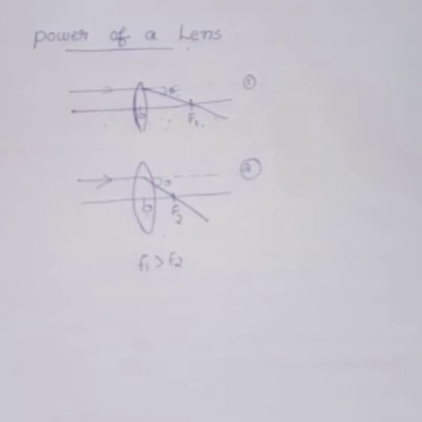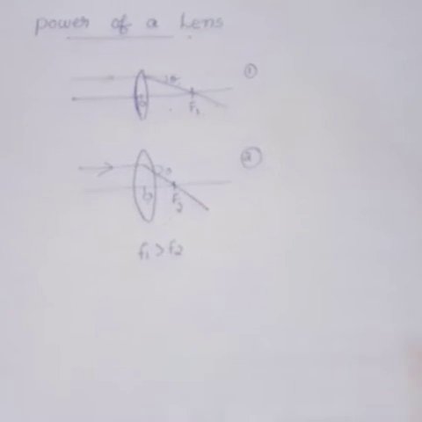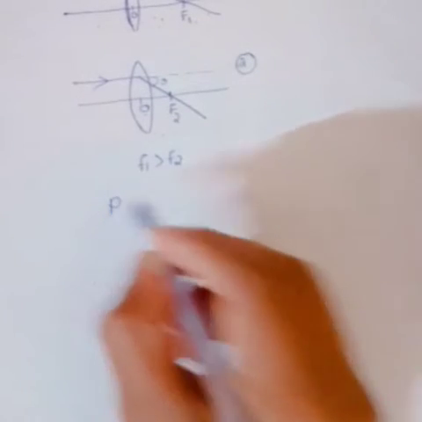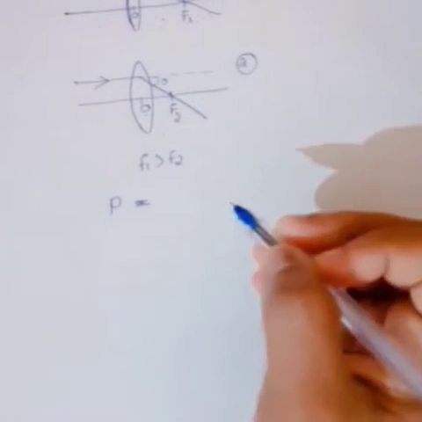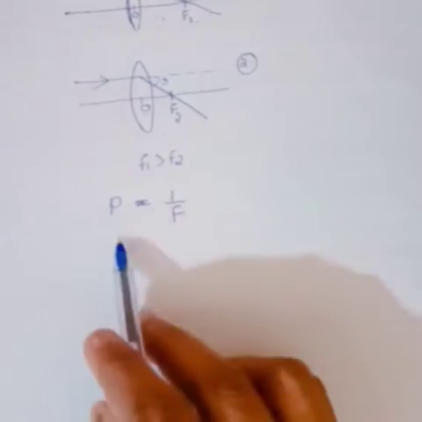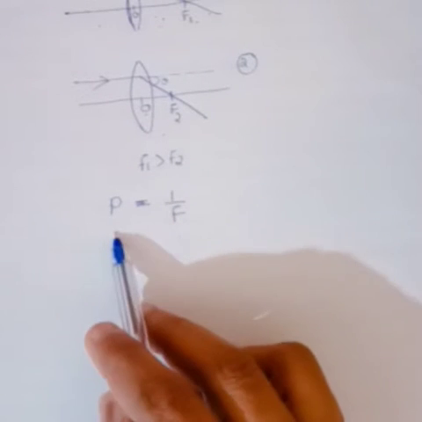So how can it be represented? P is equal to the reciprocal of its focal length, that means P is equal to 1 by F.